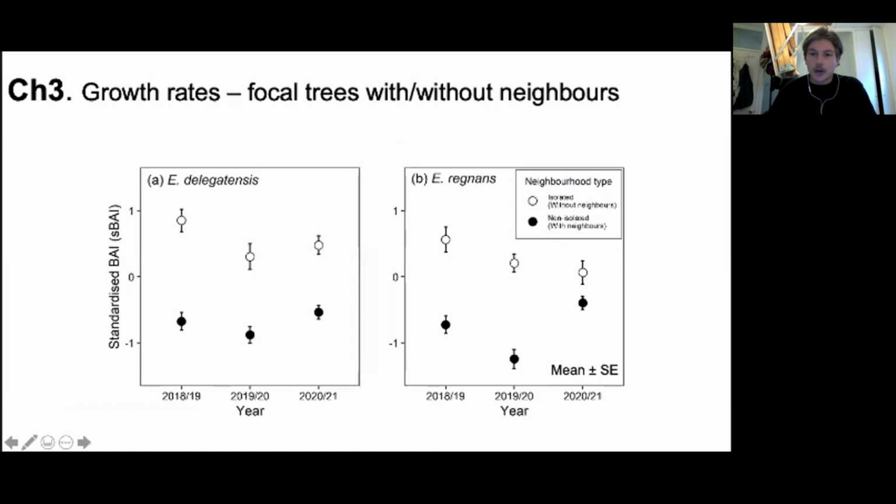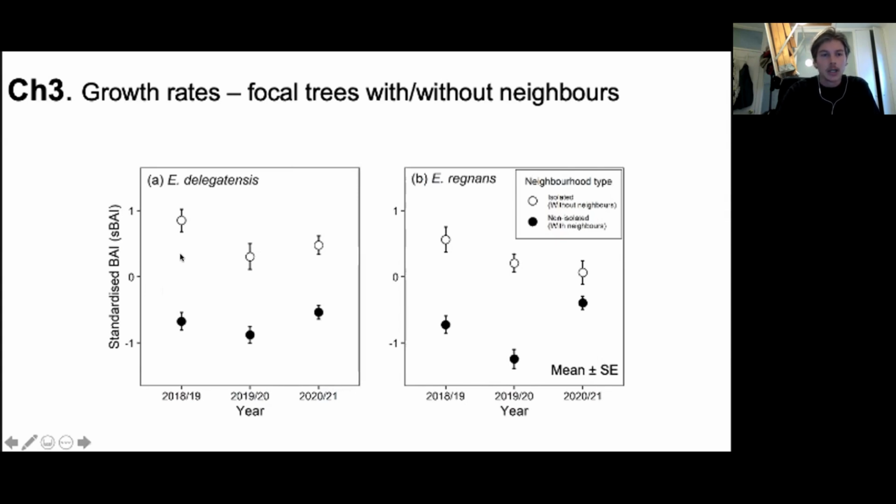So first off, how did the growth rates compare among species, years and trees with and without neighbours? This figure shows the mean standardised basal area increment on the y-axis, which is essentially a log transformed relative growth rate, which accounts for differences in initial sizes at the start of the sampling period between each of the focal plants.